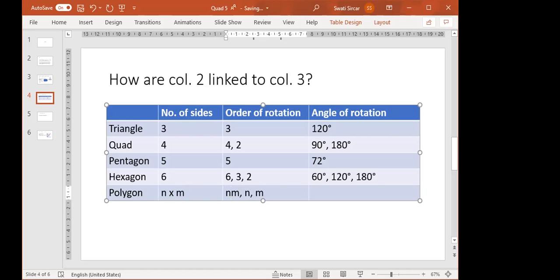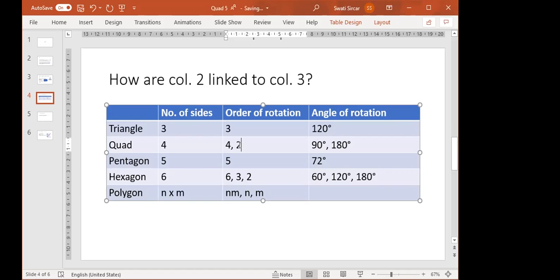Of course, if you get into prime factors, etc., you can get into further details. Now, in light of this, what we are interested in is the smallest. If a quadrilateral has rotation of order 4, meaning it can be rotated through 90 degrees, it can be rotated through 180 degrees also.